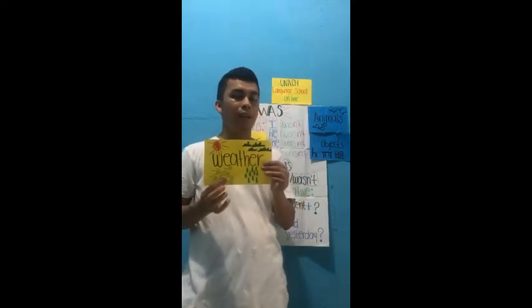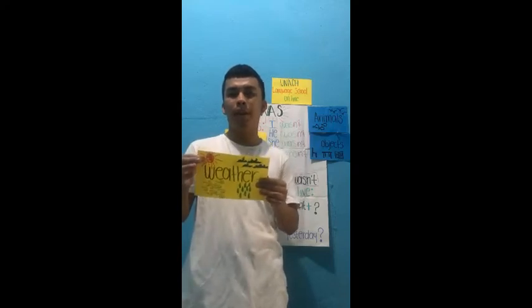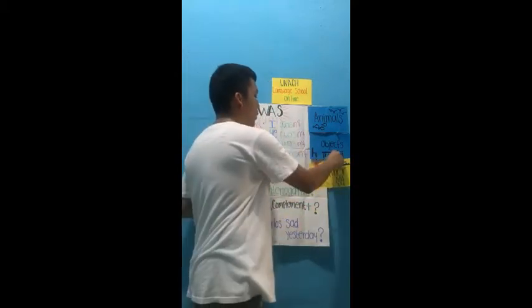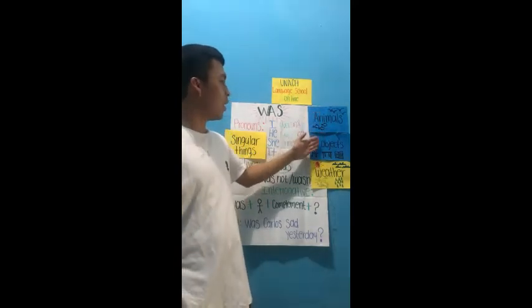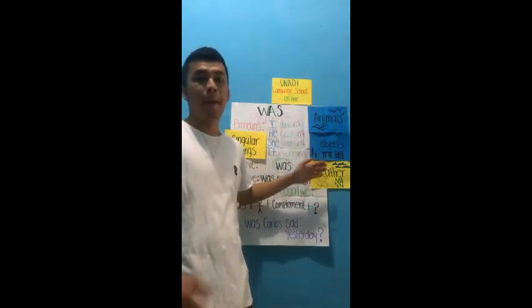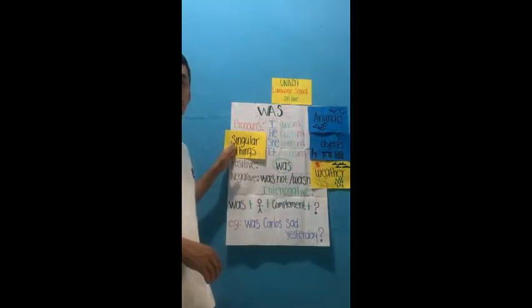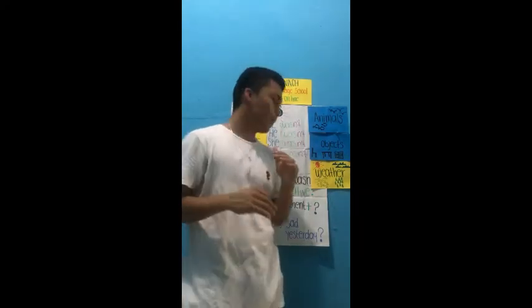And we also use it to talk about the weather. Was it raining? It was hot. Maybe it was cloudy or it was windy. So we use it to talk about animals, objects, the weather, but in singular things that are not people.